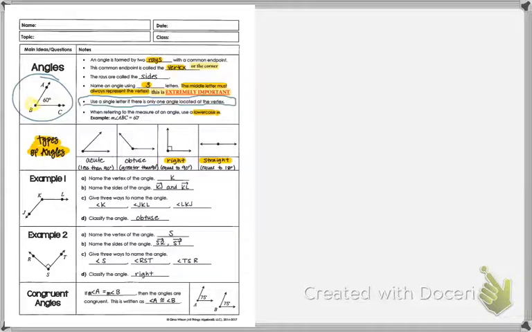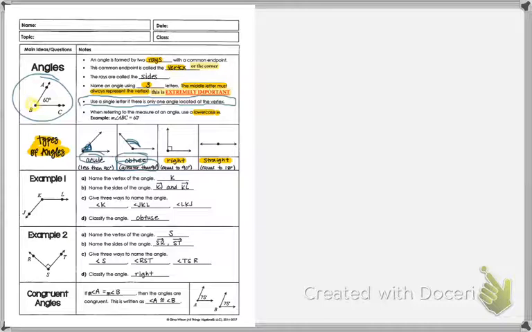Types of angles. Hopefully you remember this from middle school. You have acute angles, which means the angle created is less than 90 degrees. You're going to need to know these. Obtuse angles, that means that they're greater than 90 degrees. But the ones that we will probably use the most are the right or straight angles.